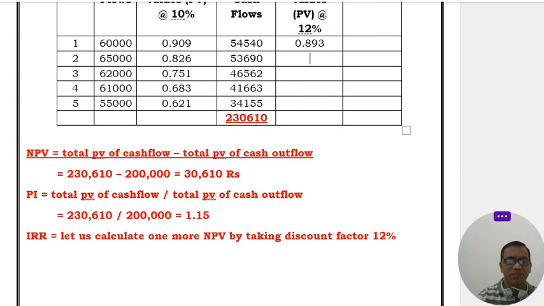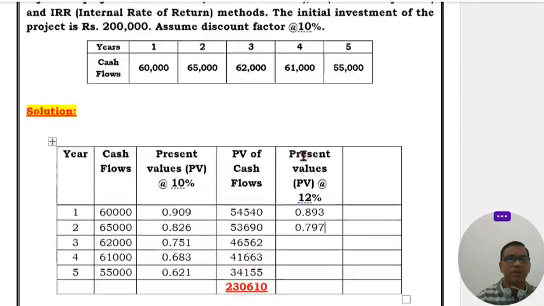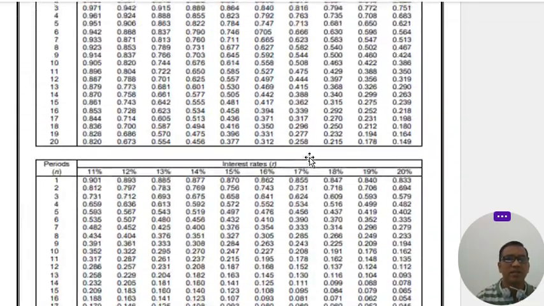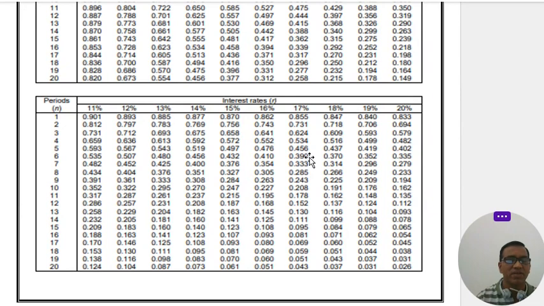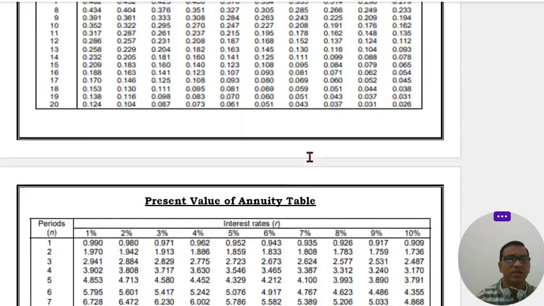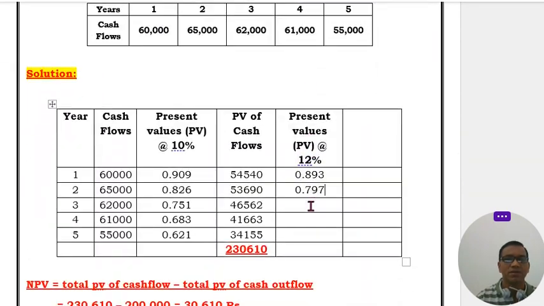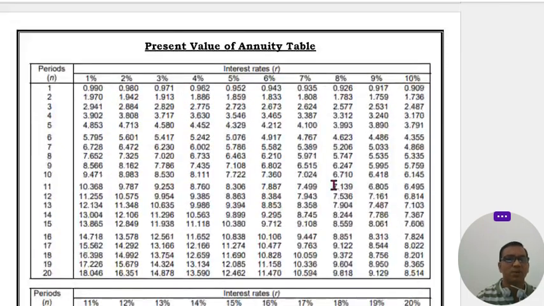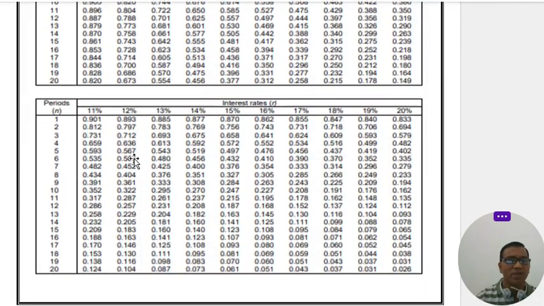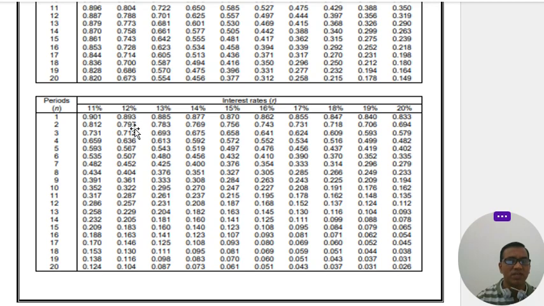I am taking the values in front of you from the table, the 12% column, first year, second year, third year, fourth year, fifth year.